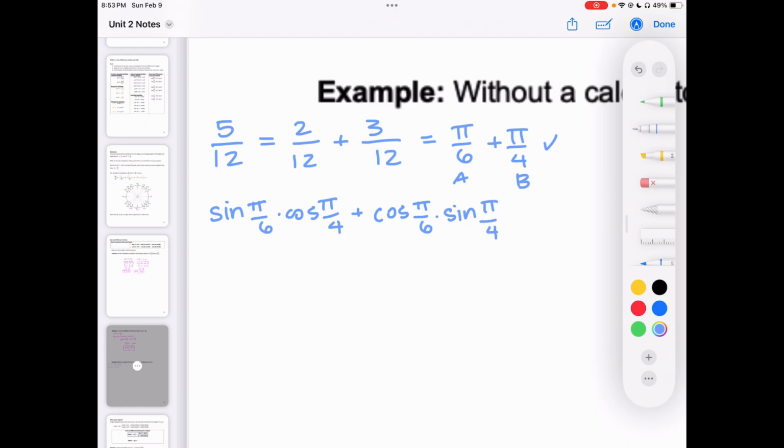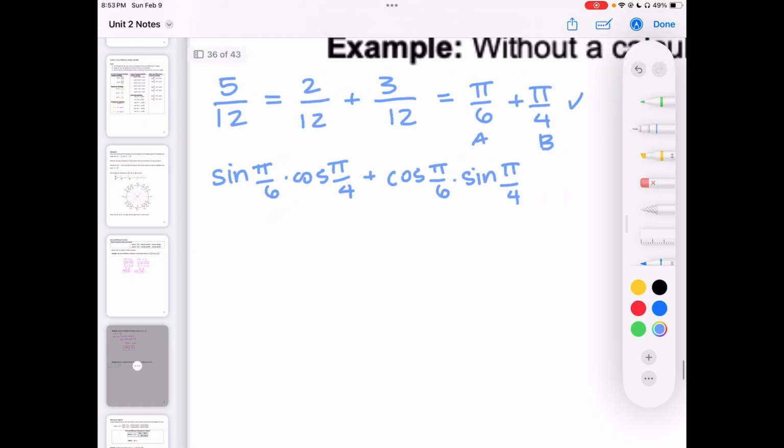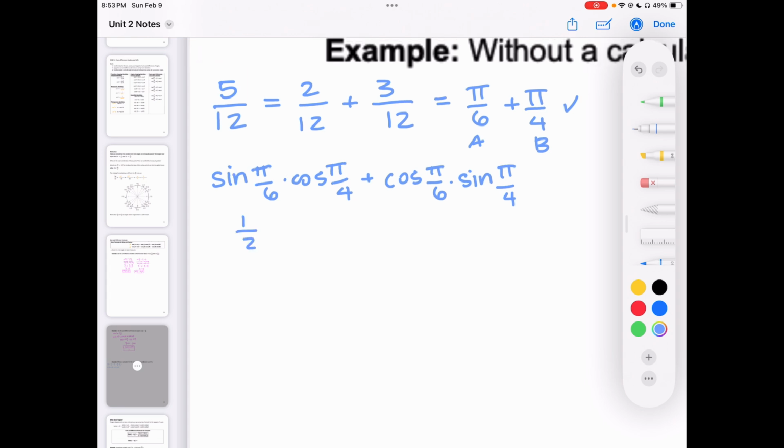Okay, now we need to replace everything as needed. We know that it's going to be 1/2 times root 2 over 2, got ahead of myself, plus root 3 over 2 times root 2 over 2. We'll end up with root 2 plus root 6, all divided by 4.